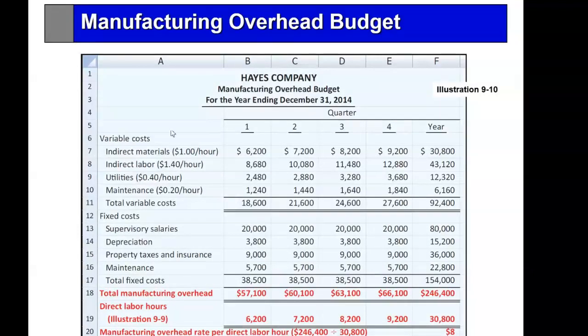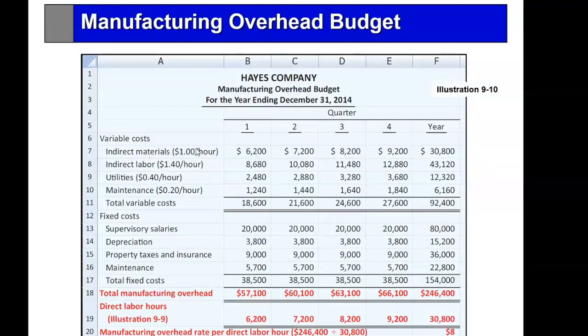Again, your 4 quarters, but the top part are your variable costs. Now you have to go to the production budget. Sorry, you go to the direct labor hour budget. You're going to need the direct labor hours for quarter 1, quarter 2, 3, and 4, and you multiply that through for direct materials.